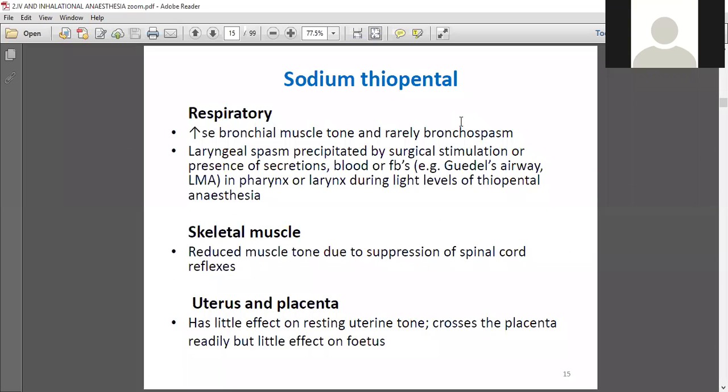Then for the uterus and placenta, it has little effect on the uterus. It crosses the placental barrier, but has little effect on the fetus. The fetus will not experience the side effects like respiratory depression.